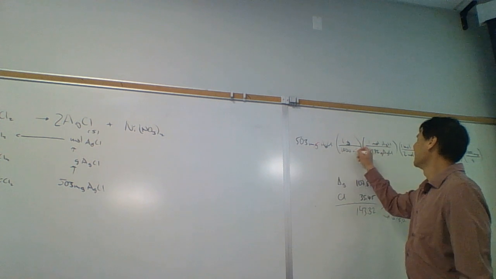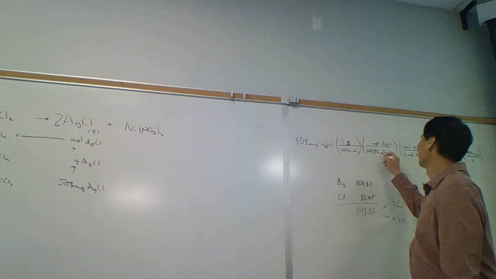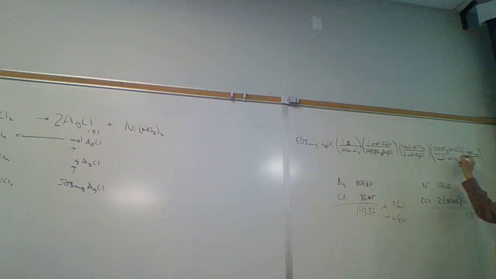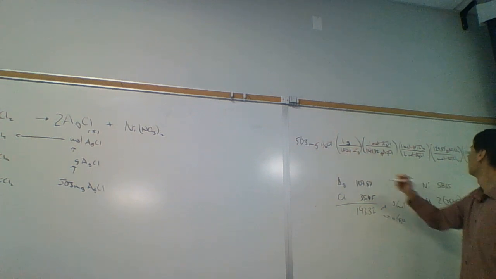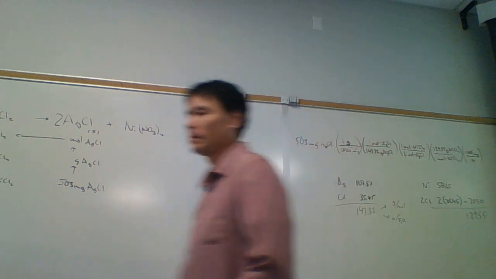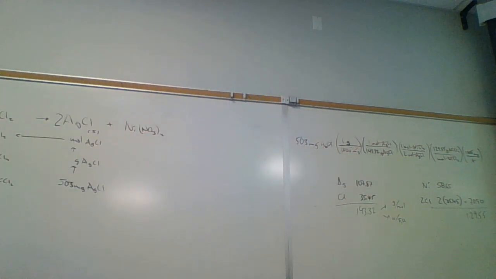So milligrams cancel, grams cancel, silver chloride cancels, moles of silver chloride, moles of nickel-2 chloride, grams. We're left with milligrams. That's correct. I'm dividing by 1,000, multiplying by 1,000, so I can eliminate that. So let's see what we got here.